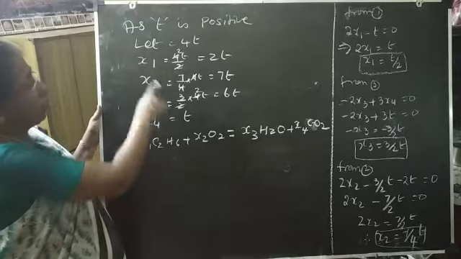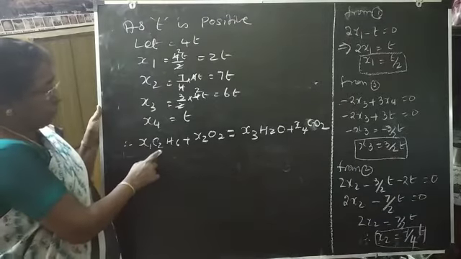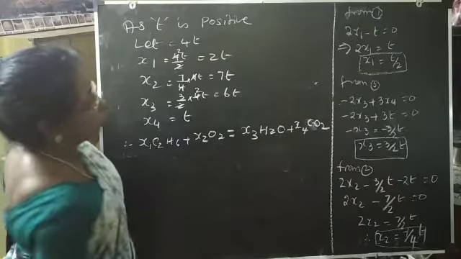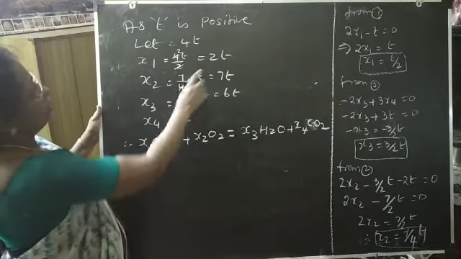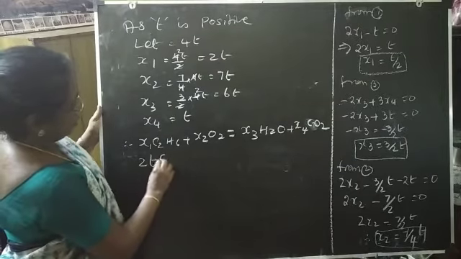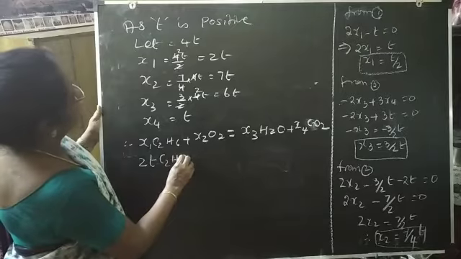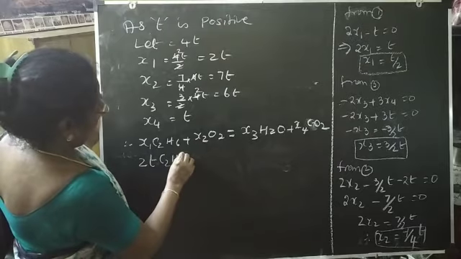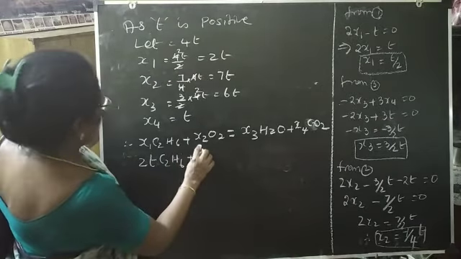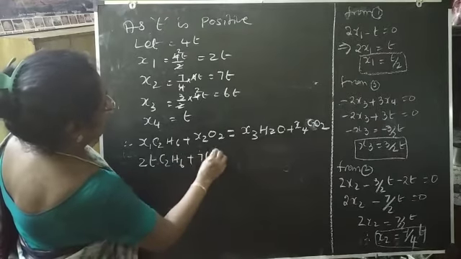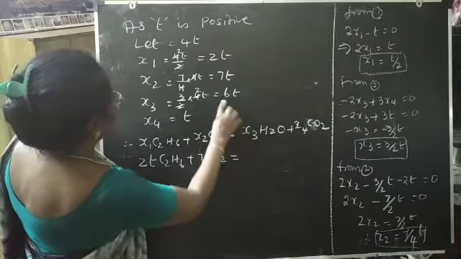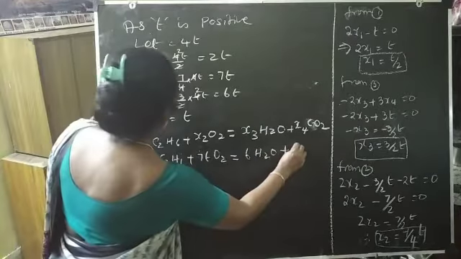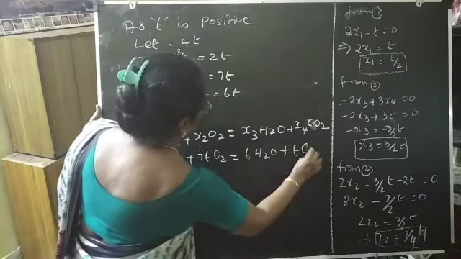So substituting the values of x1, x2, x3, x4 in the given equation, x1 C2H6 plus x2 O2 gives x3 H2O plus x4 CO2. Here we get x1 value is 2t C2H6 plus x2 value 7t O2 equal to 6t H2O plus tCO2.